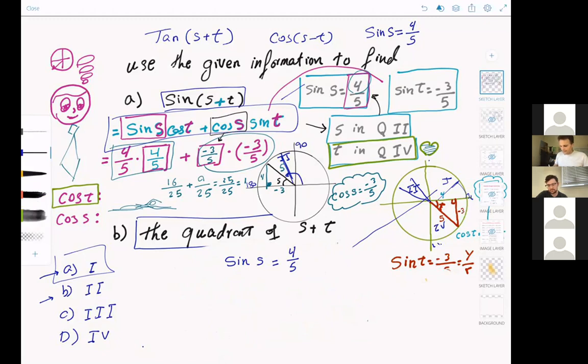So we say s equals sine inverse of 4/5. What is sine inverse of 4/5?